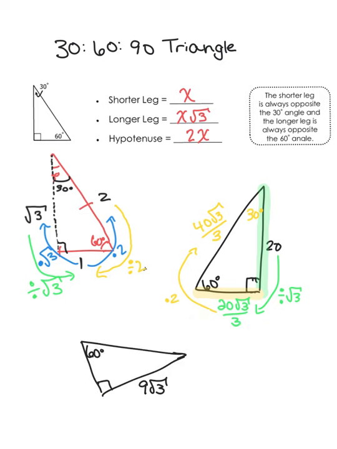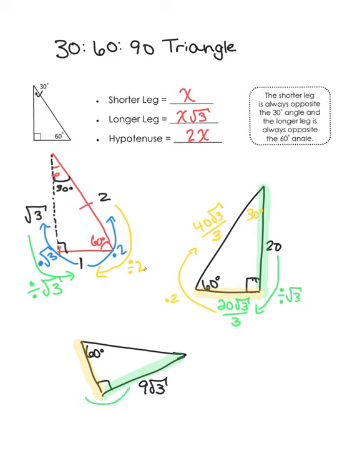Okay, this is the last example I'm going to do. It's very much like the last example I just did. Okay, so again, I'm being given the long leg. Again, I want to find the short leg. So I'm going to divide by the square root of 3.